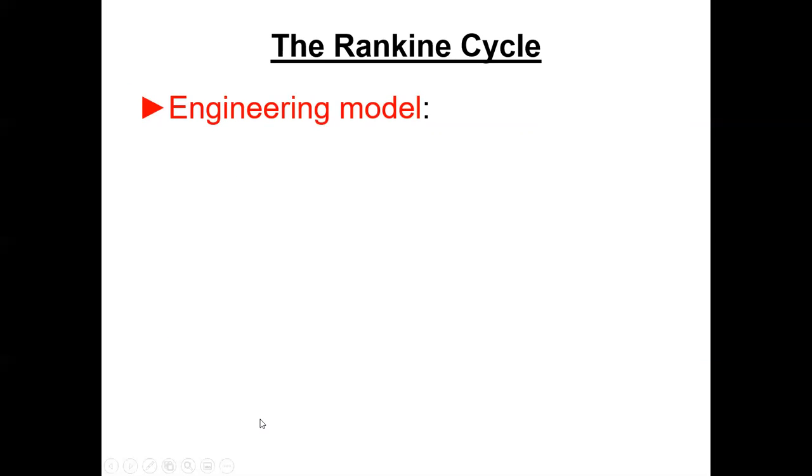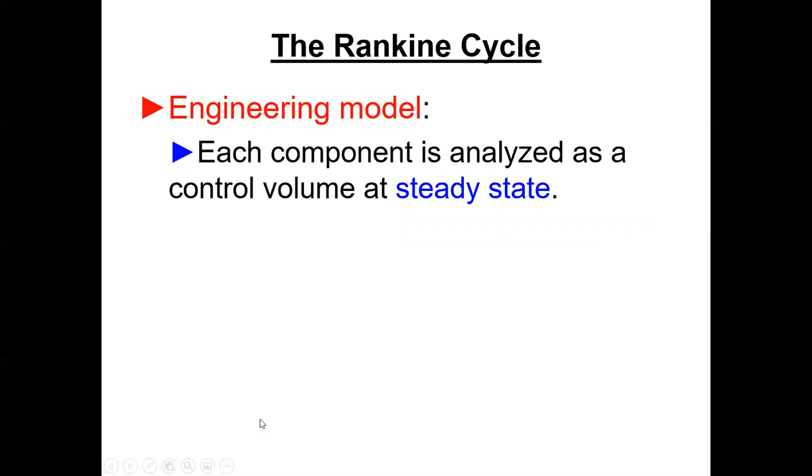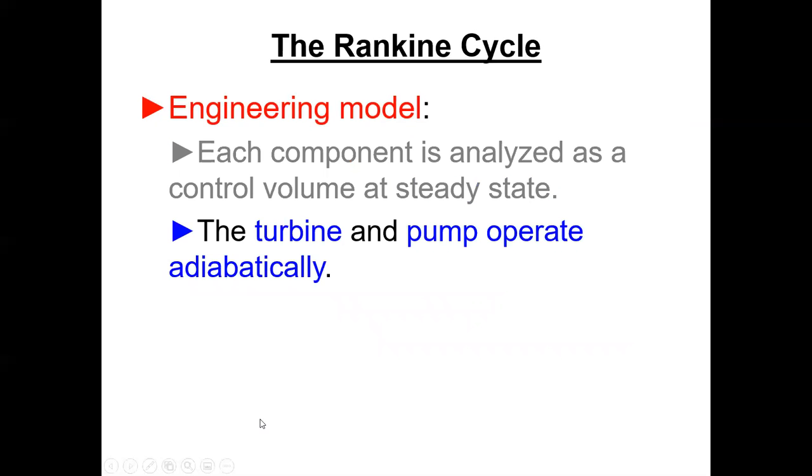Okay, so when we write the first law, we're all familiar now with the first law for open systems. Each component is typically analyzed at steady state, unless you do some specialized problems. Turbine and pump operate adiabatically. Typically, now you don't have to.